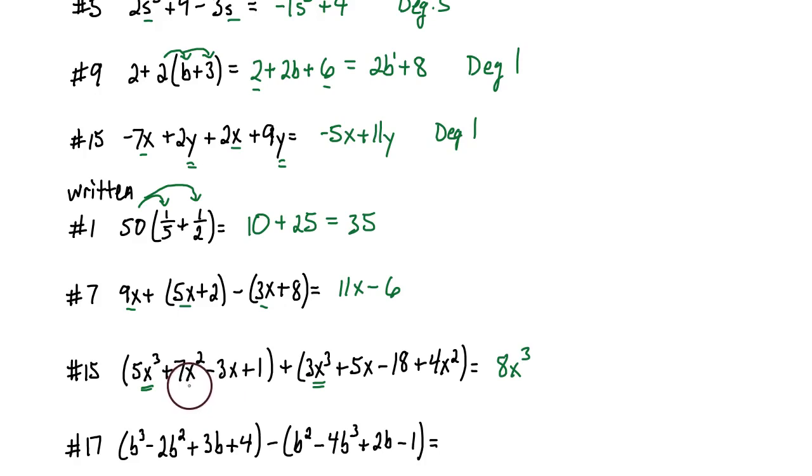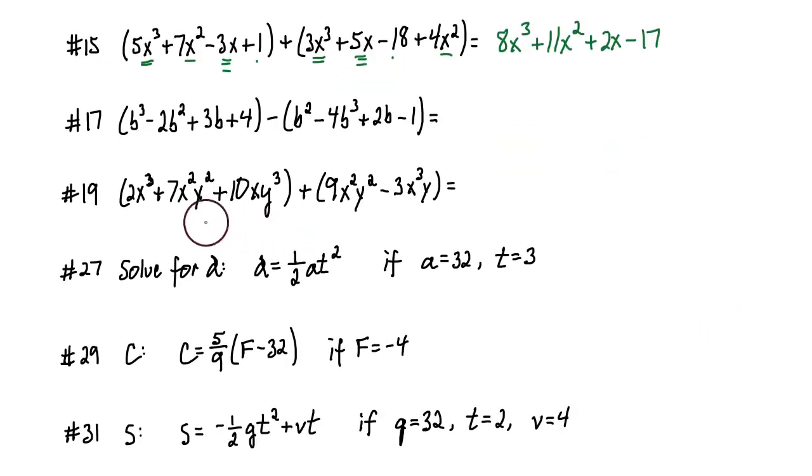Now look at the x squared terms here and then over here. 7x squared plus 4x squared. So 7 plus 4, that's 11x squared. Now look at the x terms, here and here. -3x plus 5x. That makes +2x. And finally the constants. 1 minus 18. 1 minus 18 is -17.